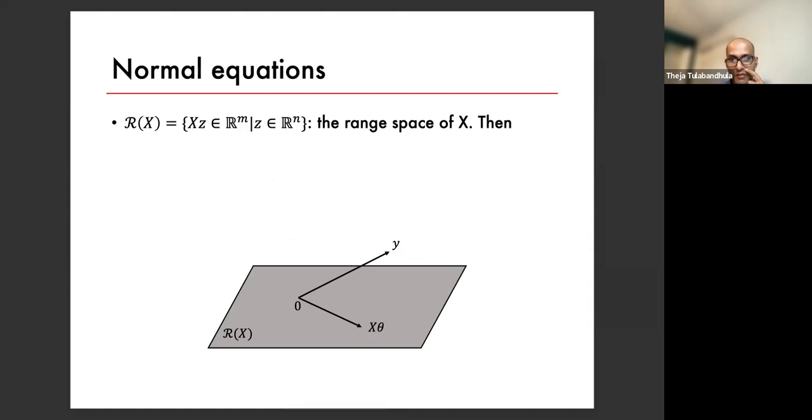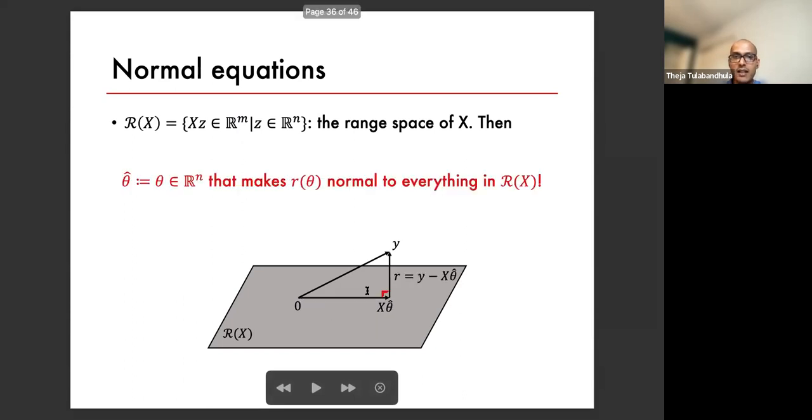If it belongs to the range space of X, that's great, which means that there is some theta for which X theta is exactly equal to Y. But let's say that's not the case. Let's say Y is not in the range space of X. Then here's an interesting result.